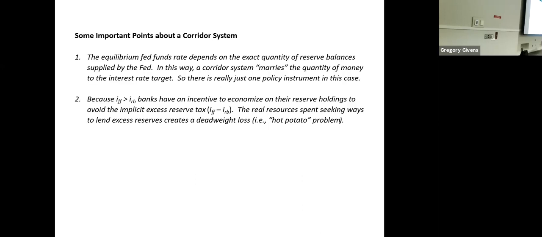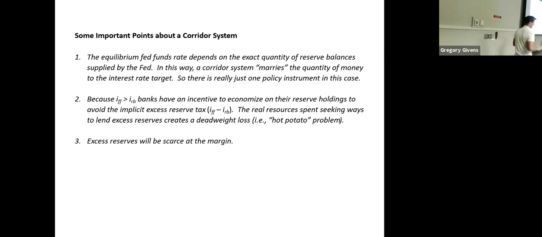Somebody has the hot potato and they try to give it to the next guy, right? The bank, that's kind of what's going on here. Banks are lending out these excess reserves, and you don't want to be the bank that has the excess reserves at the end of the night because you face this implicit tax, okay? The resources that banks spend by trying to get rid of those excess reserves is a deadweight loss, which is described as this hot potato problem.